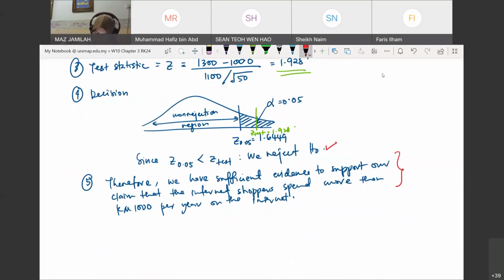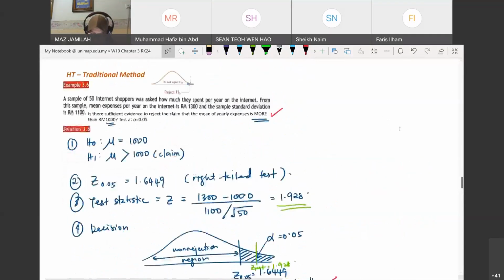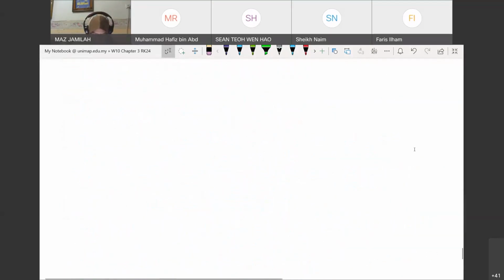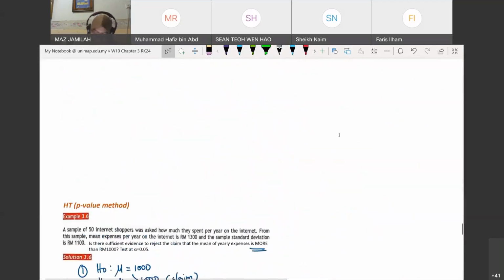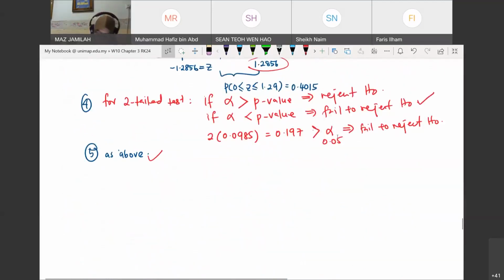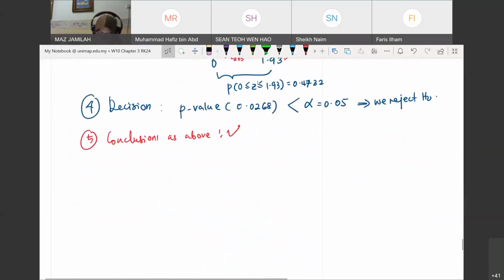So compare this to your p-value method. As above refers to this one for the right tail test, not as above meaning something else. Look for example, the right tail test.